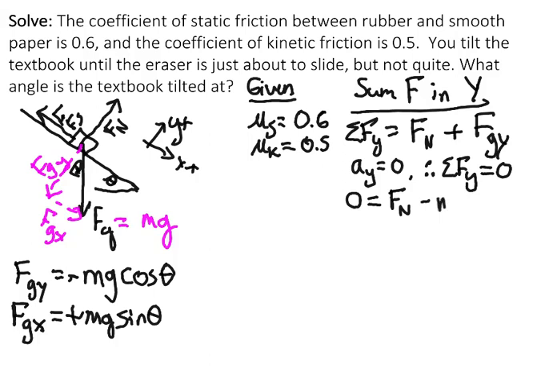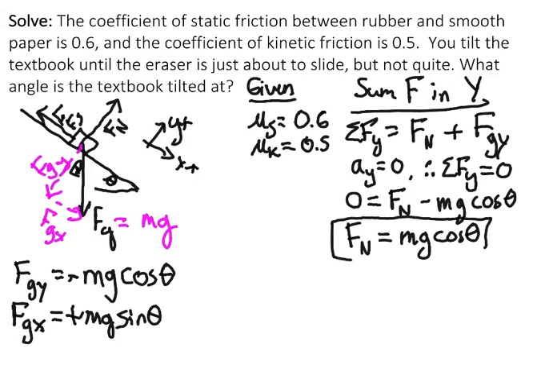F_Gy is negative mg cos theta. Well, this is nice because it gives me an equation for the normal force. So the normal force must be positive mg cos theta. All right, I don't know m, I don't know theta, but at least it's a nice equation for the normal force, so I'll put a box around it because it looks useful.